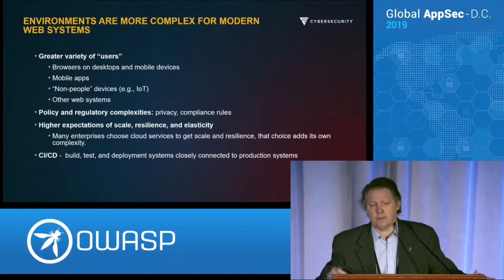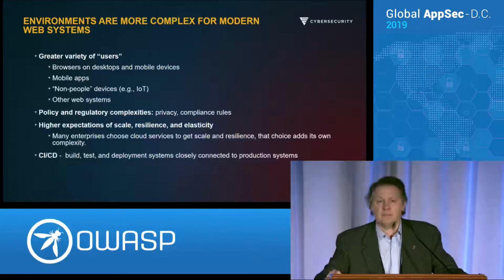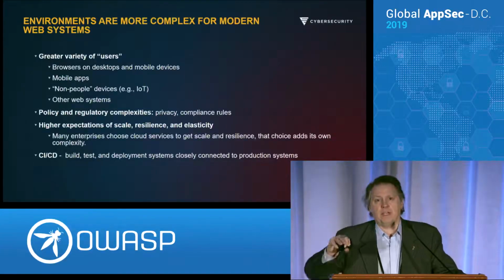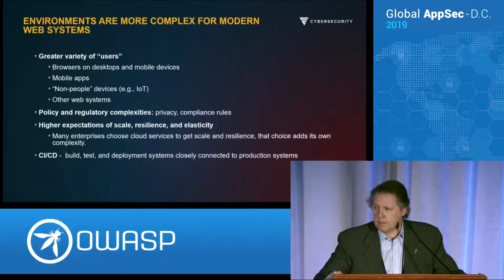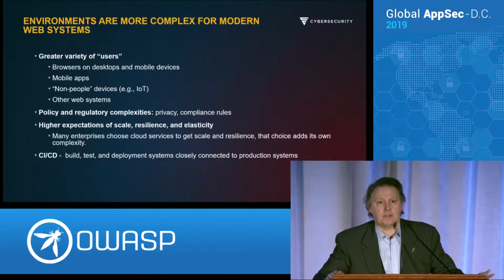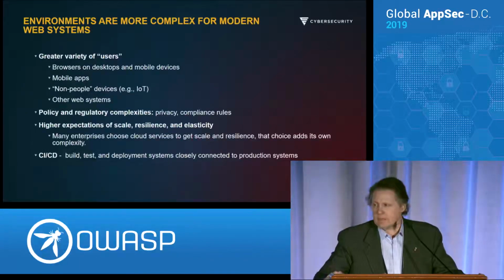Okay? I talked about policy and regulatory complexity, right? That took a big jump with the European GDPR being introduced a year or two ago. There are higher expectations of scale and resiliency today, right? Everybody expects your system to be up all the time.